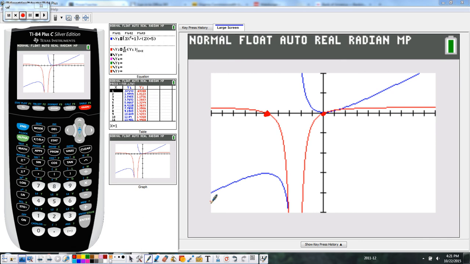If I think about my slopes, the slopes of your tangent line right here are going to be positive, then 0. So they're positive and going to 0. Positive heading towards 0, which means that you're decreasing.